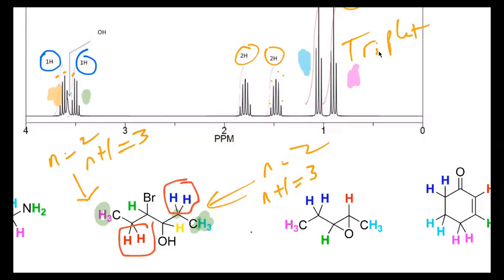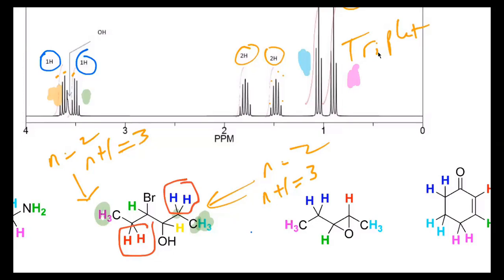So you have to take that into account. That's why they show up as two different signals. I'm asking that question because I want to get your mind thinking about non-equivalence. That's how you're going to be able to tell how many signals you should see. If you understand non-equivalence, then you'll understand why those two things are showing up as two separate signals.